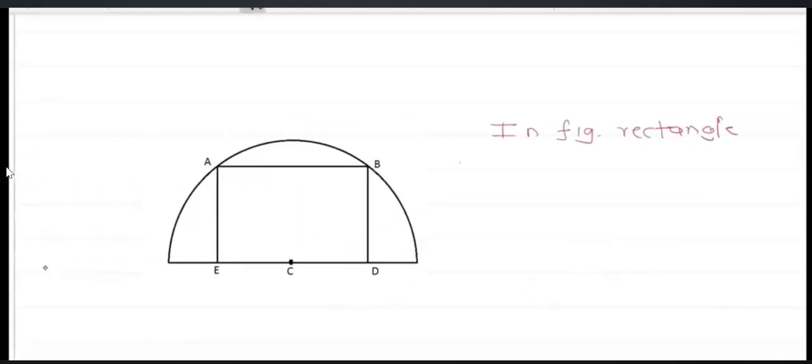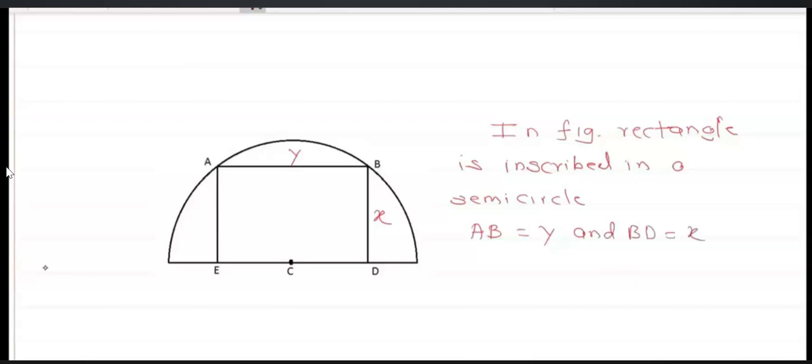In the figure, the rectangle is inscribed in a semicircle. AB is equal to y and BD is equal to x. If we join this, that is BC.